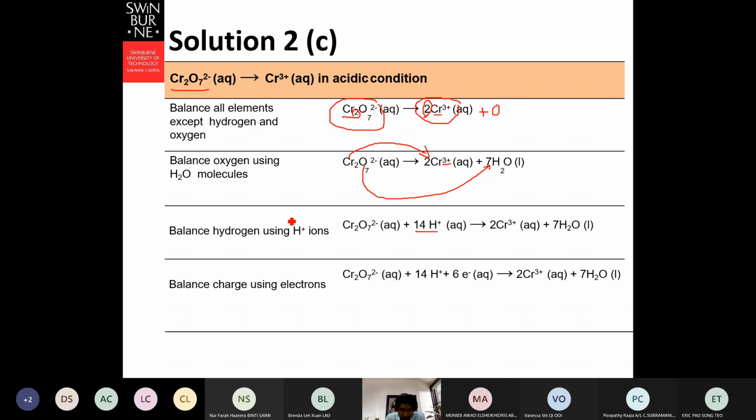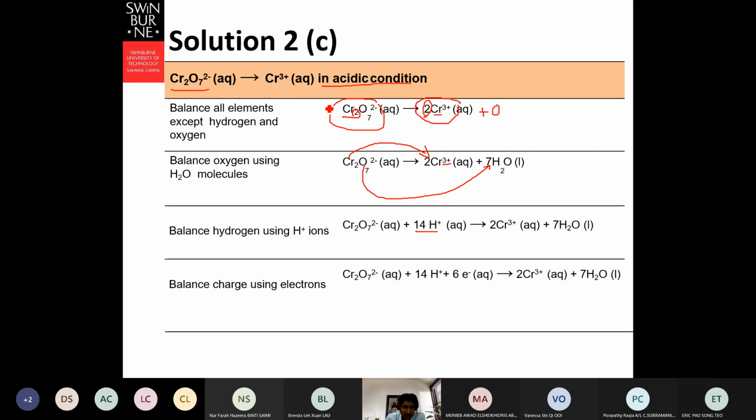Right. So chromium and, actually, dichromate ion. So in the presence of 14 hydrogen, because to produce 7 molecules of water I need 14 hydrogen ions, I just added them up. Where did I bring them from?